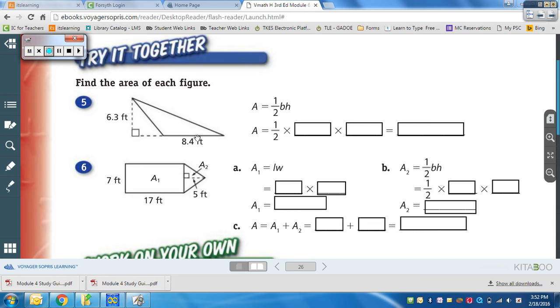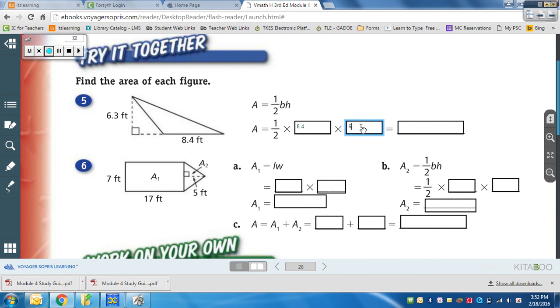Okay? So now, what is 1/2 times the base, 8.4, times the height, which is 6.3? 1/2 times 8.4 times 6.3, and it's going to be measured in what kind of units? It's going to be measured in square feet, because we have feet times feet, which makes feet squared, or square feet.